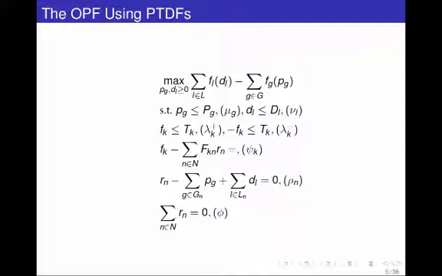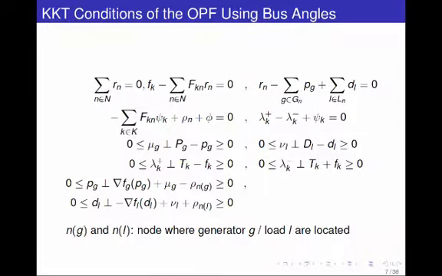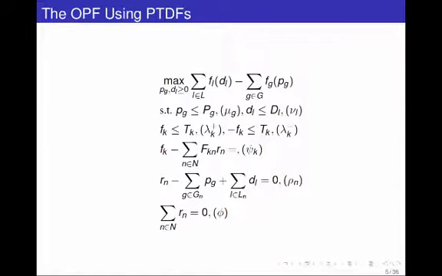So there's no way that the lambda is positive if the flow is strictly less than the capacity of the line. But if the lambda is positive, I can tell you for sure that this line is at its limit, because if lambda is, for example, $10 per megawatt hour, I know from the sensitivity interpretation that if you go from 100 to 101, I will have an increase in the objective function of $10 per megawatt hour.